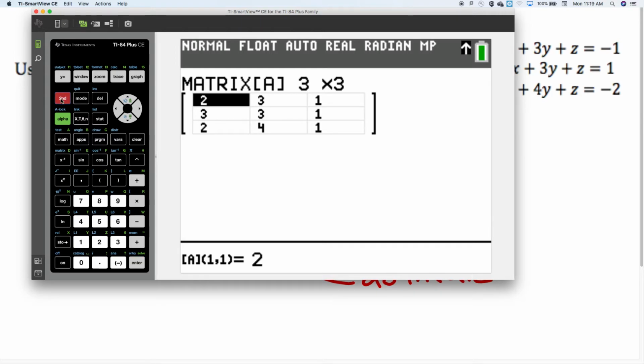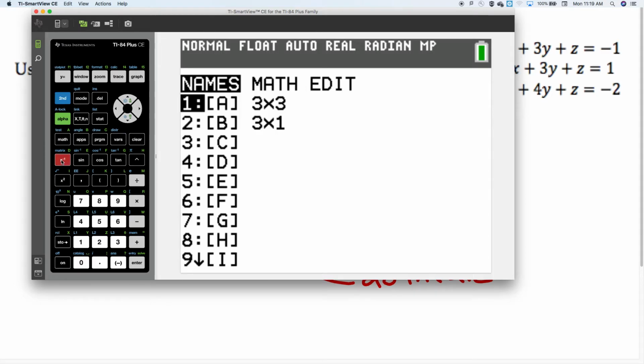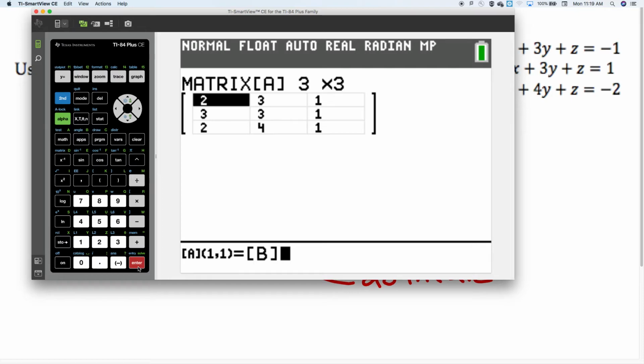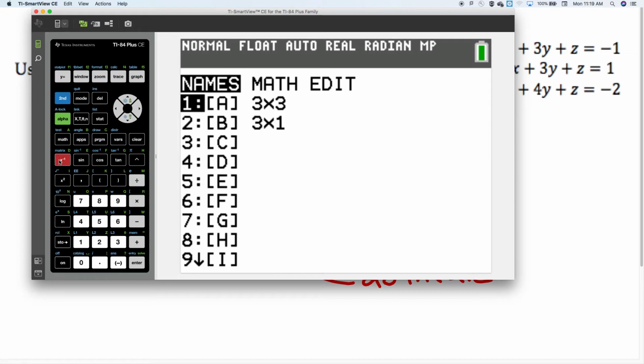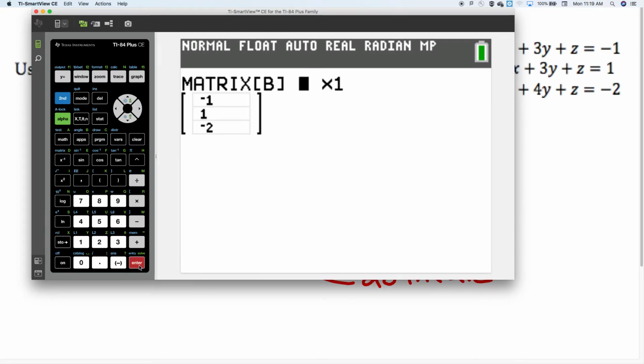Then I'm going to check on my matrix B. Oops, I went and called on matrix B instead of editing, edit matrix B. So I've already got A edited. Now I check my matrix B. I just put in the constants there, -1, 1, -2. So it's a 3 by 1, 3 rows, 1 column. So I have something for A, my coefficient matrix, and something for B, my constant matrix, in my calculator.